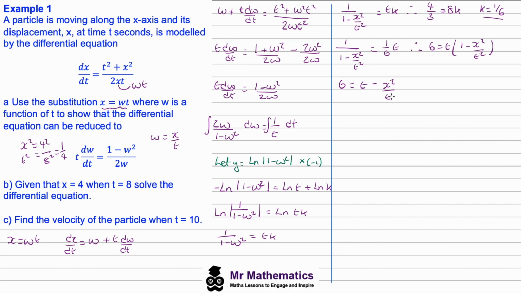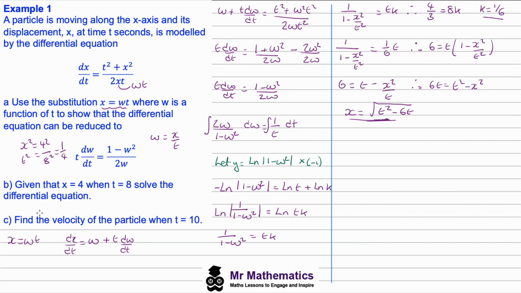We'll multiply by t to cancel this out, so therefore 6t will equal t squared minus x squared, and then we can make x the subject, so x will equal the square root of t squared minus 6t. So this is our particular solution.